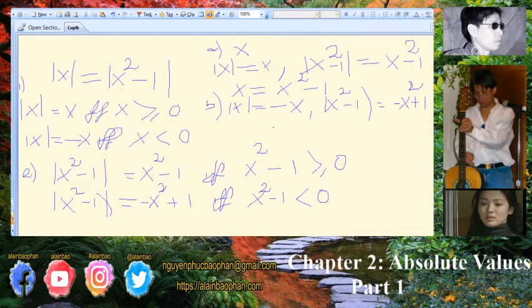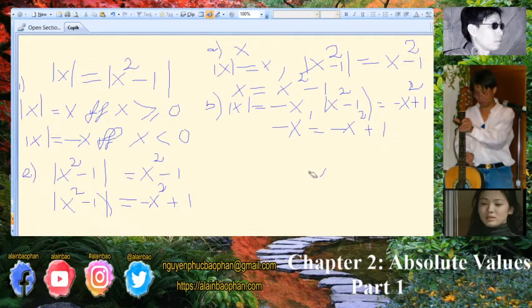Then we will have this kind of equation: minus x equal minus x squared plus 1. Let me write this. Okay, now let's combine.